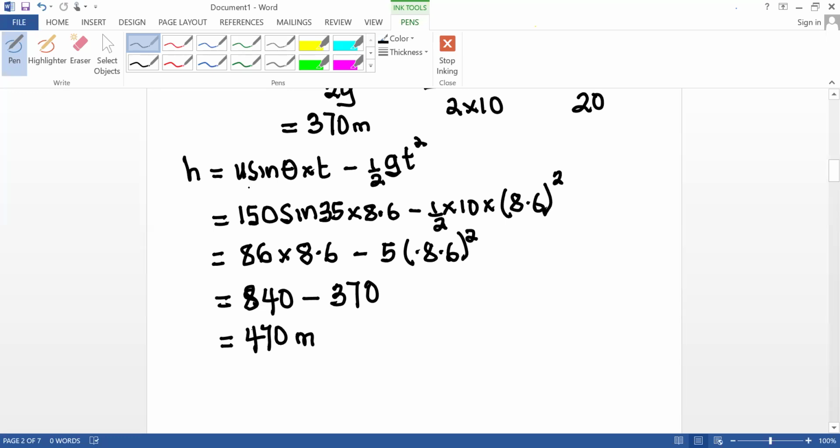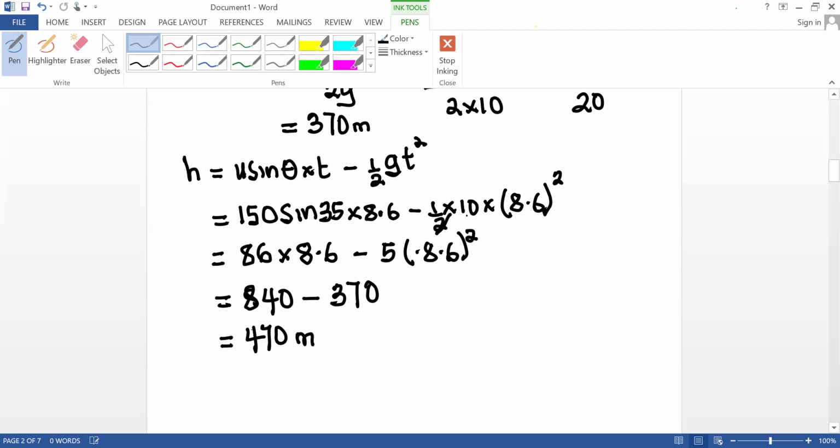Okay, so u sine theta, ut minus half g t squared. Check 150 times sine 35. This is 86. So approximately 86 times 8.6, the time, minus, yes, 2 will go into 10, 5.